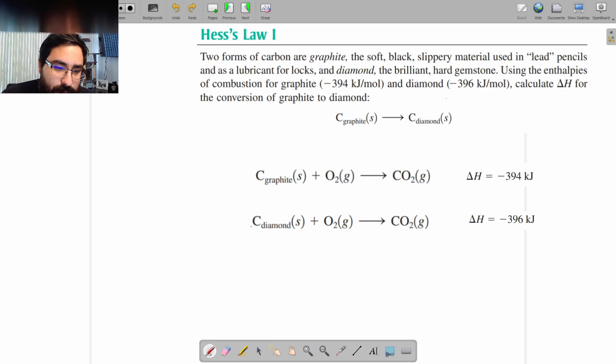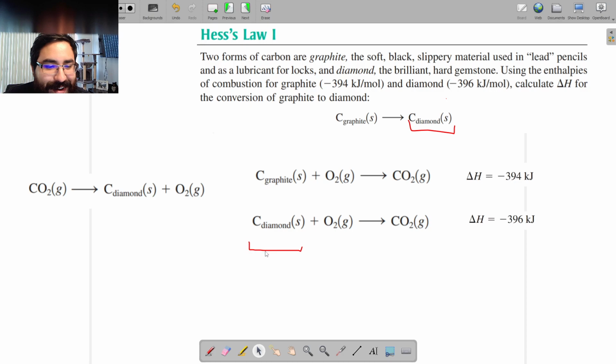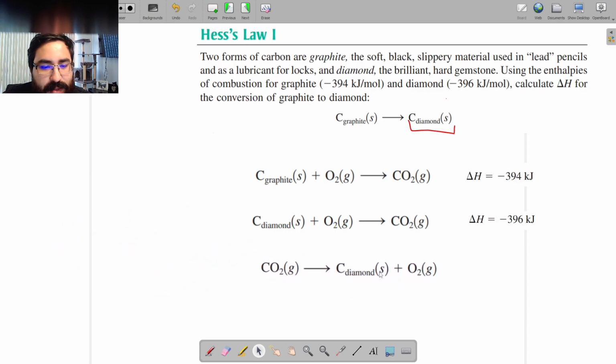So this diamond, we want it on the product side. So we actually have to flip this reaction, and I already have this reaction flipped over here. So it's the same thing, we're just flipping it over.